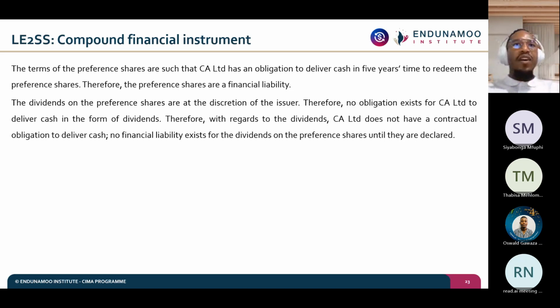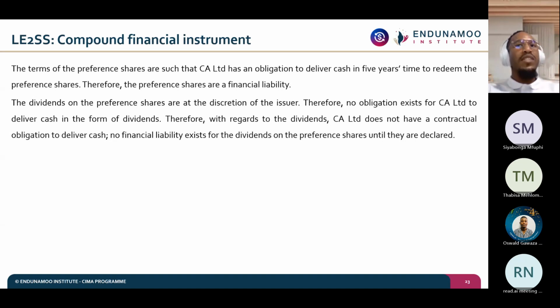The dividends, on the other hand, are at the discretion of the issuer. Therefore, on the date on which the financial instrument is entered into, CA Limited has no obligation to deliver cash in the form of dividends. They can declare dividends year on year, but if they don't declare them in 1 year, there is no obligation for them to declare what was not declared in 1 year in another year.